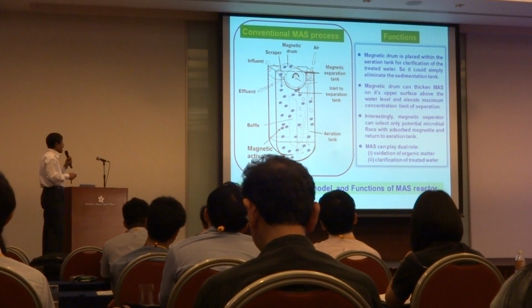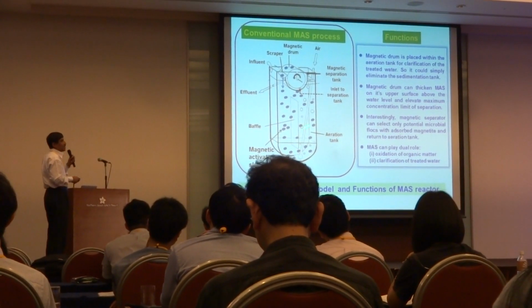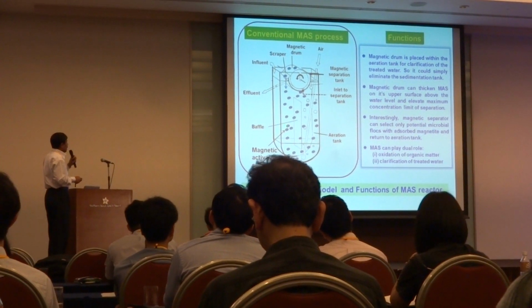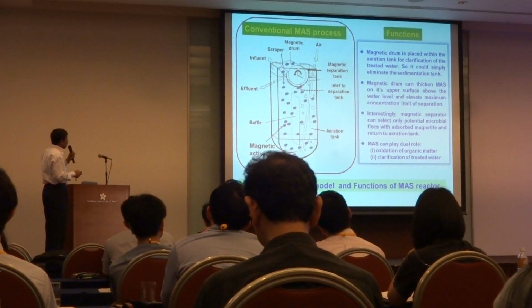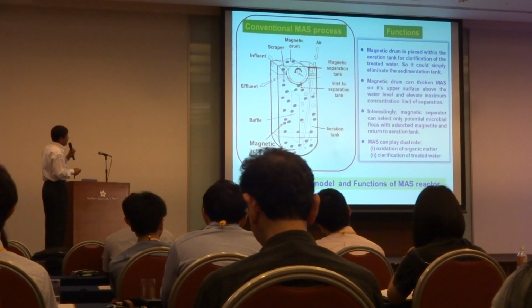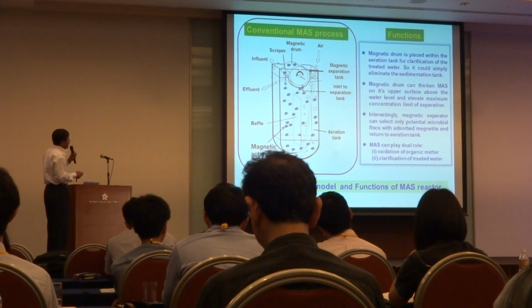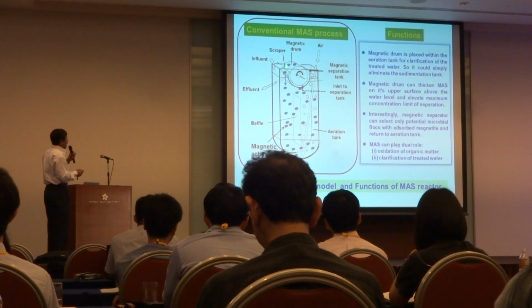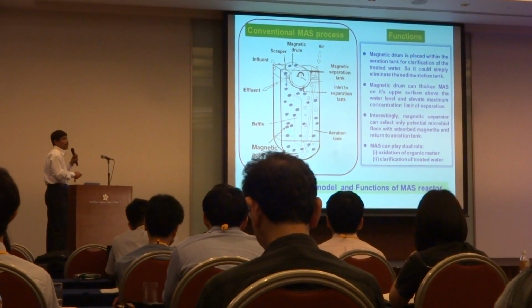This magnetic drum can attract this magnetic activated sludge. After treatment, this water is coming out from here. The magnetic sludge is attracted by the drum and separated by the scraper, and it goes back into the sludge.